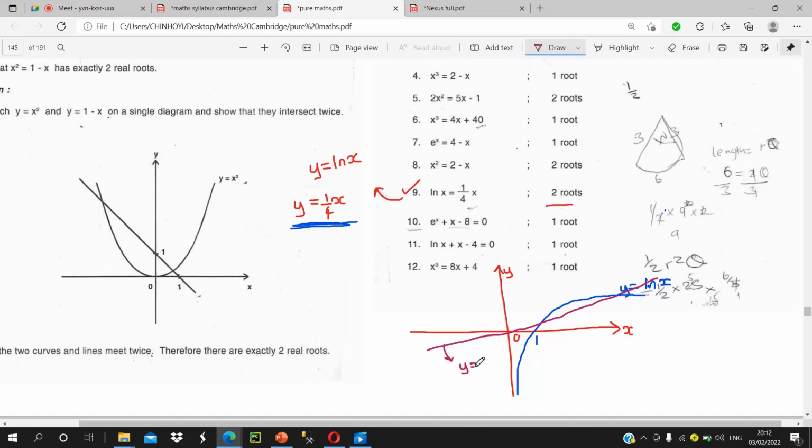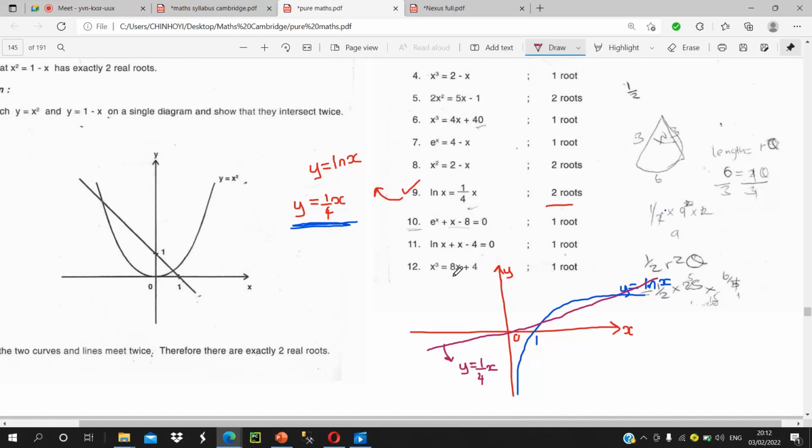Are we together? Okay. So as you can see, as a comment, you are going to say, since the two graphs intersect twice, it implies that there are two real roots. Yes? So that's the presentation.